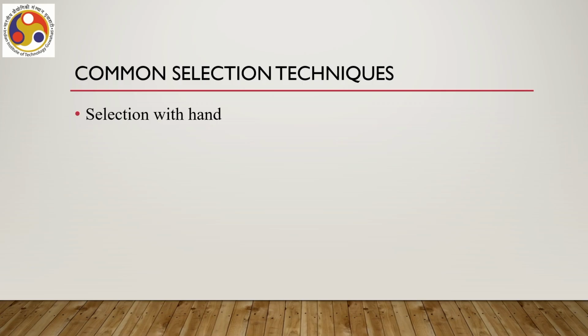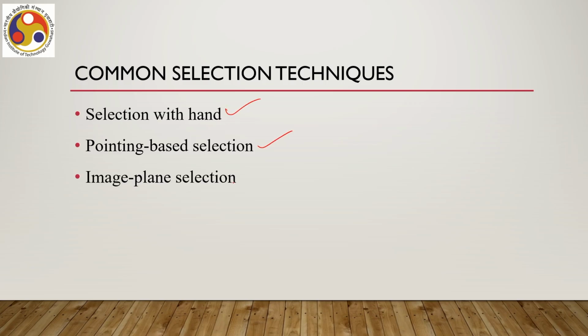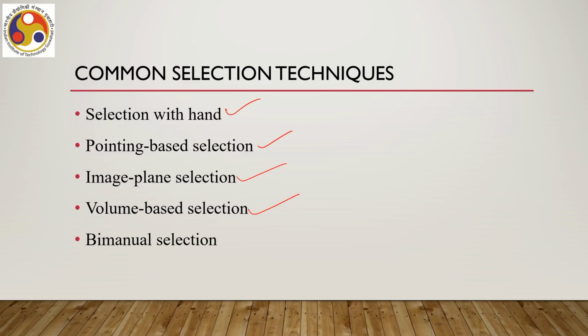So, these are the parameters. Now, let us quickly go through the different selection techniques. We can have selection with hand, that is our hand we can use for selection of objects in a virtual world. Then we can have pointing based selection, image plane selection, volume based selection, and bimanual selection.